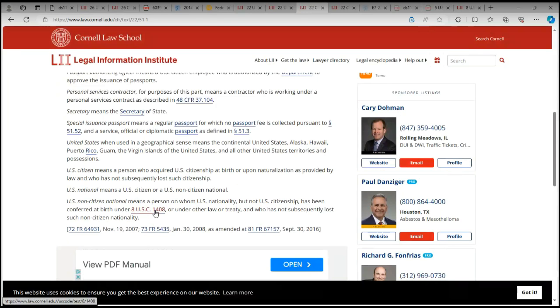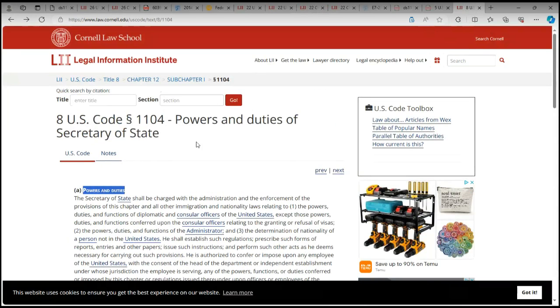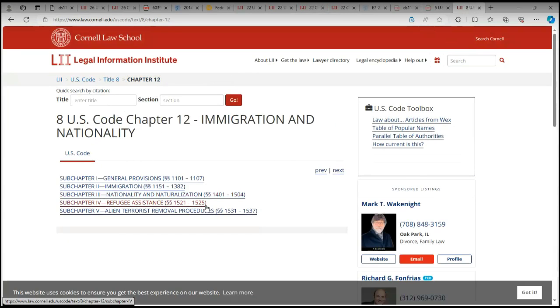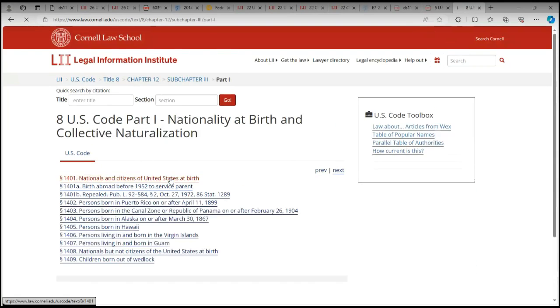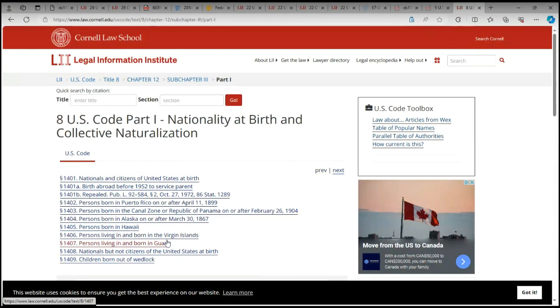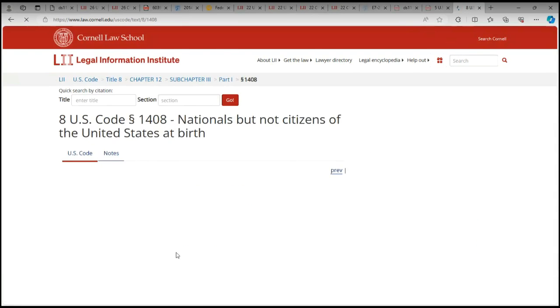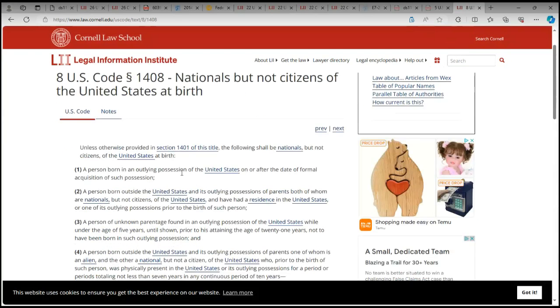So what is 1408? This is what I read, but I'm going to go read 1408. I'm breaking all of this down to prove a point. So here, the term is complete: nationals but not citizens of the United States at birth, unless otherwise provided under Section 1401 of this title.